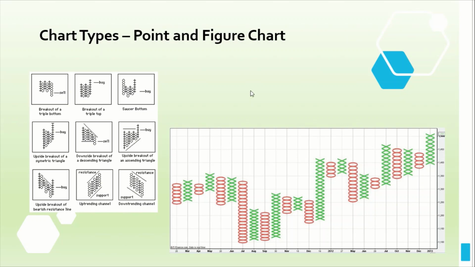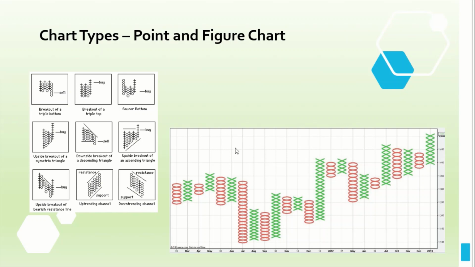So kailan siya tumaas ang presyo at kailan bumaba regardless of the length of time. Ang importante sa point and figure chart, you know kung kailan significantly. Okay? The term is significantly. The significant change in prices of securities regardless of the number of days.